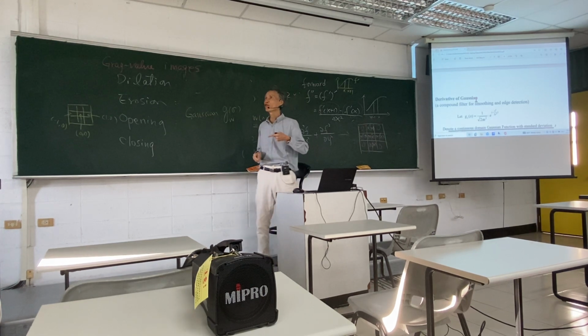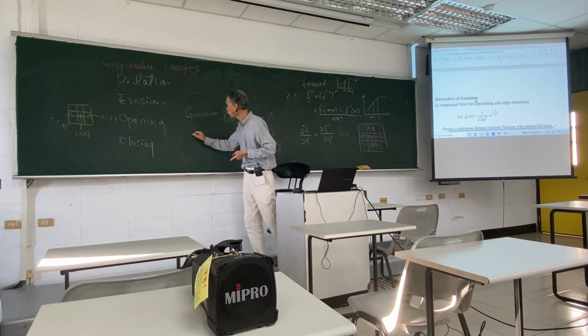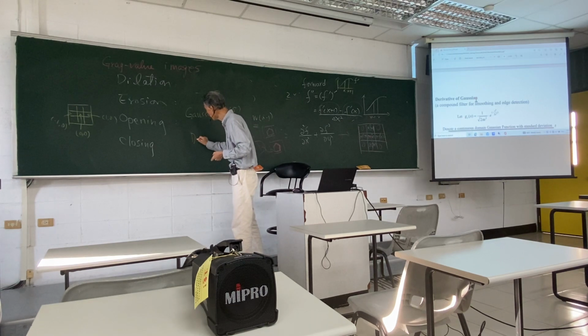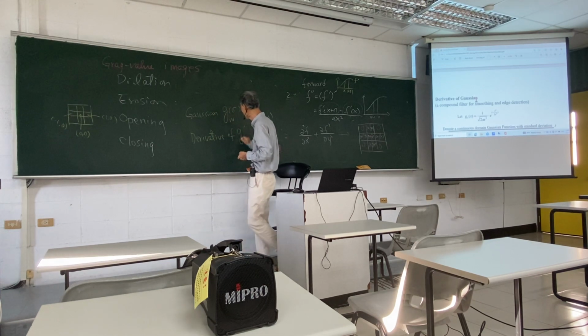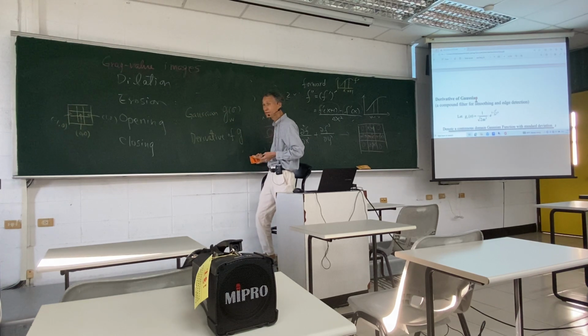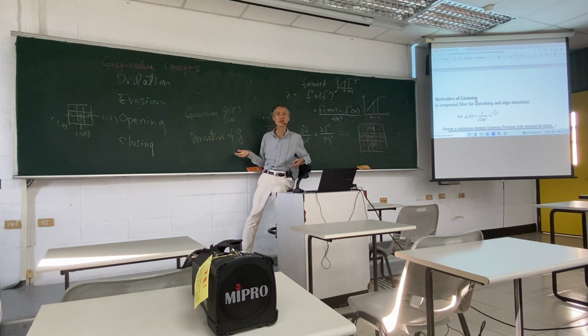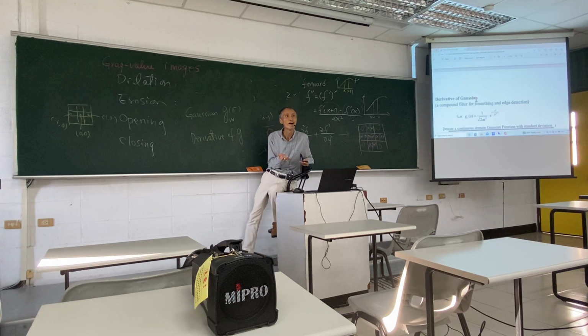And to identify the edges, you need the first derivative, right? So why not we take the derivative of the g function? Now the derivative of the g function can be applied for edge detection and also for smoothing, which means you can use one single filter for two tasks.